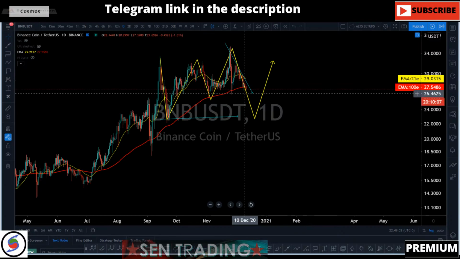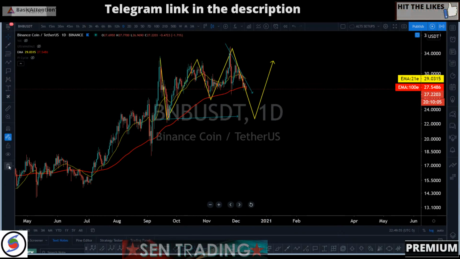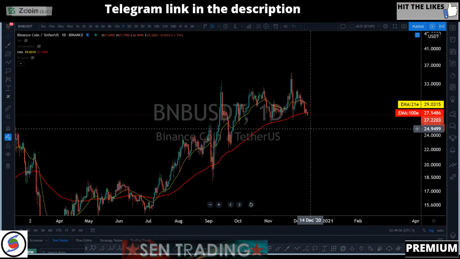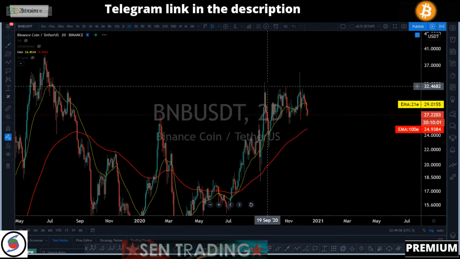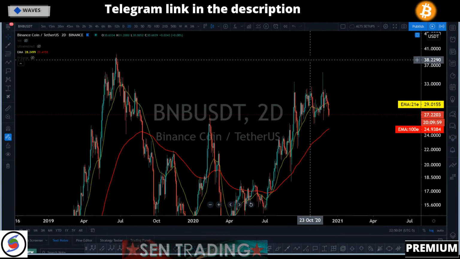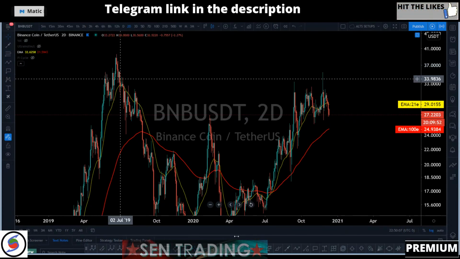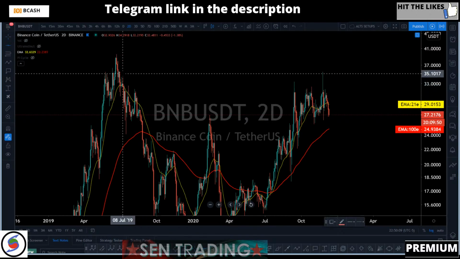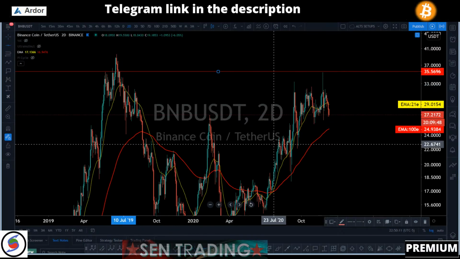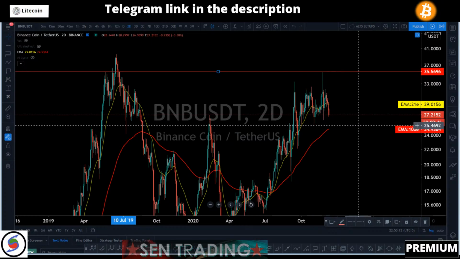But immediate support for BNB, remember we were looking for a retest of 39, it got rejected at 35, which is right there.